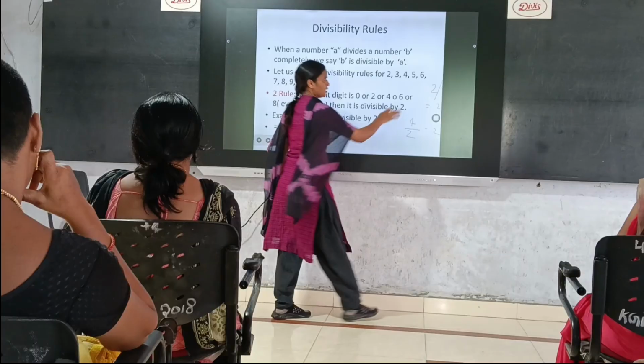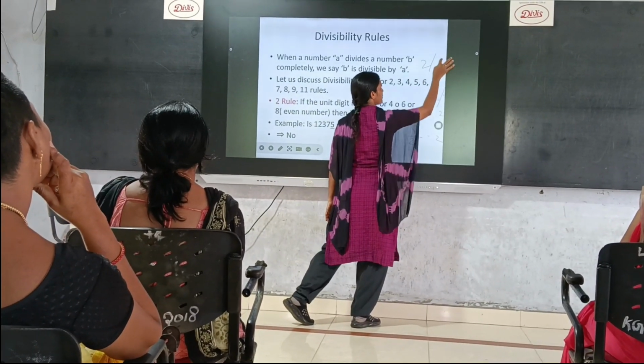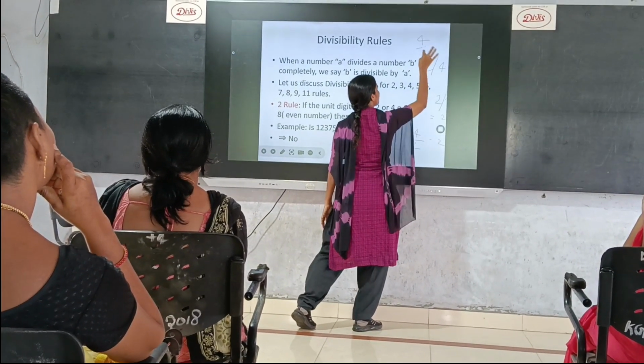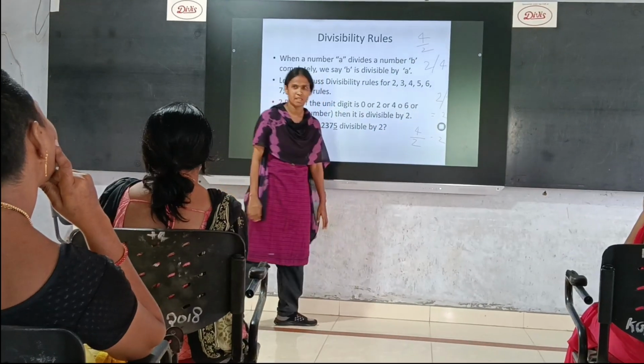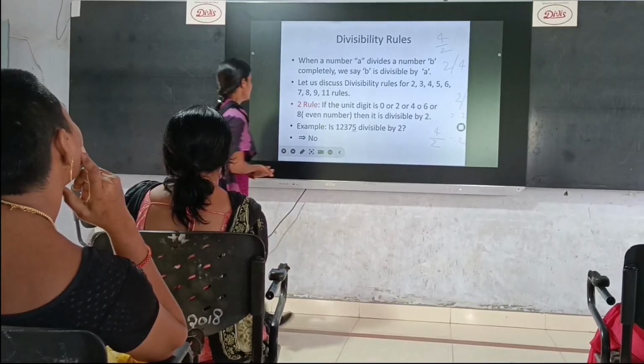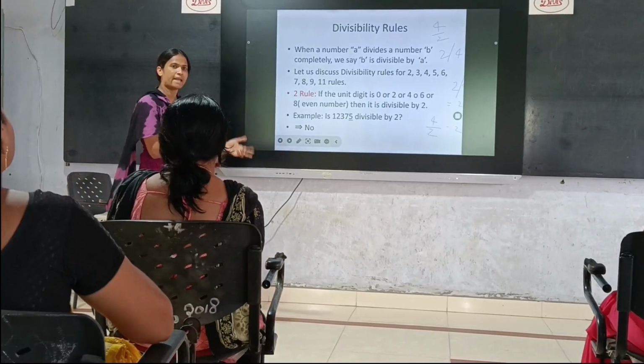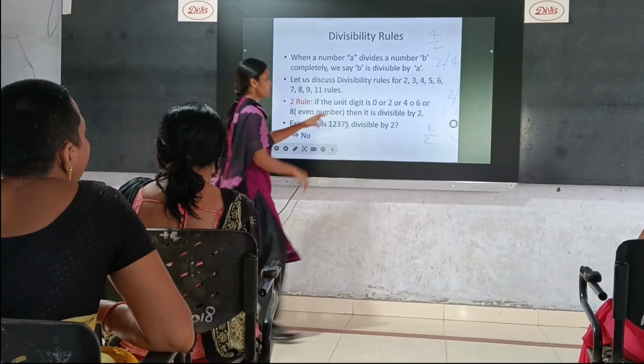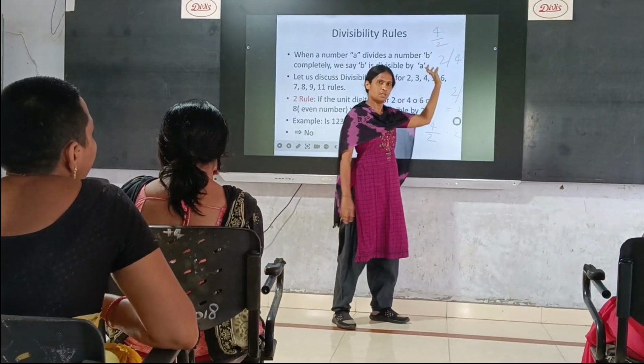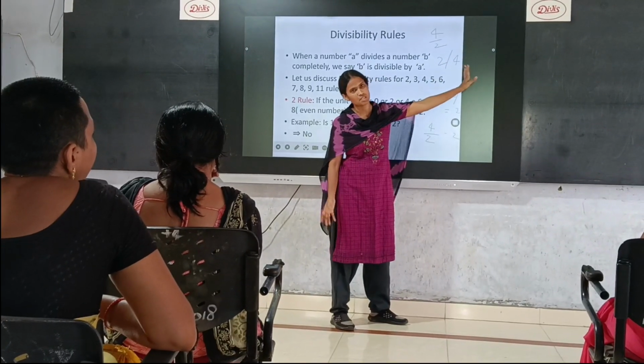Divisible means 4 by 2, and divided by also means 4 by 2. These two are equal in mathematics. 4 divided by 2 is equal to 2, and 4 divisible by 2 is also 2.